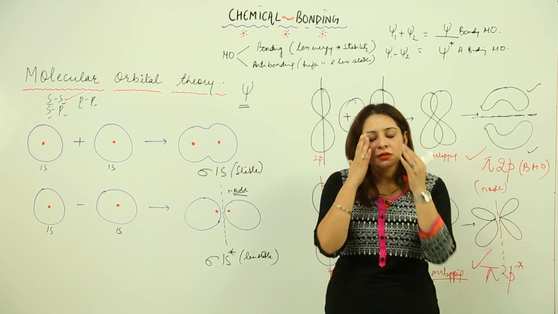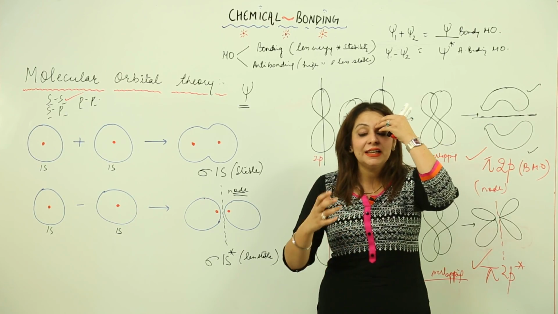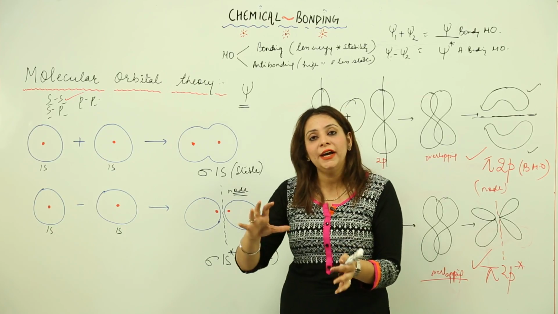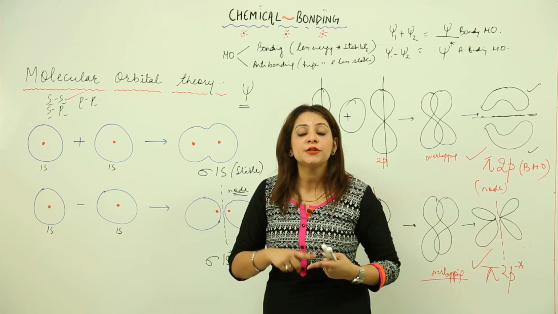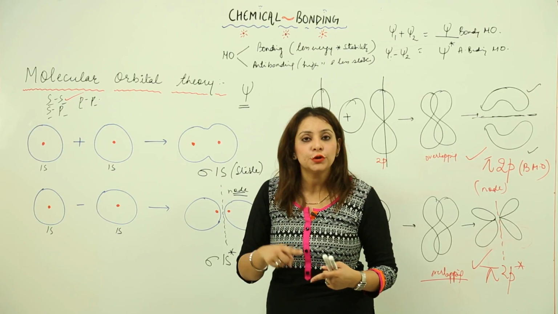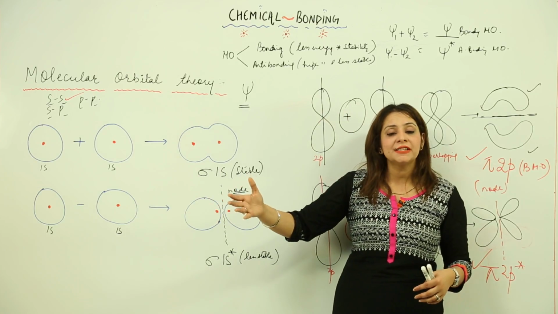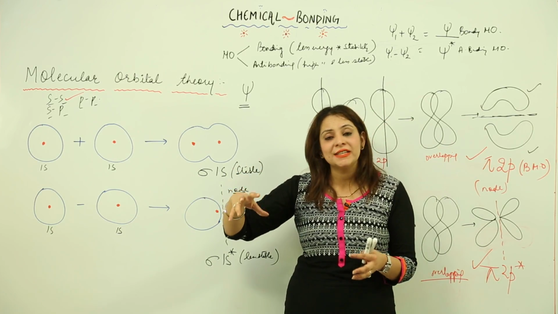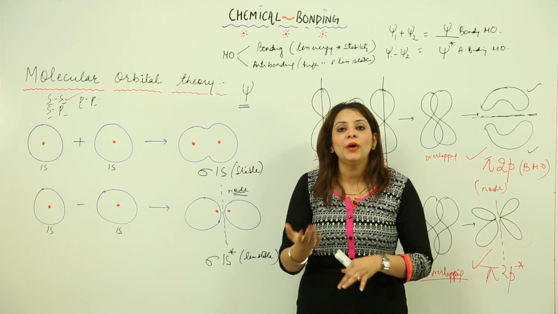Simply, don't get confused. In the case of atomic orbitals we were drawing the shape of the orbital, but here the molecule is formed, right? Molecule is formed as a result of combination of atomic orbitals. So now the electrons are not under the influence of an atomic orbital, they are actually in the molecular orbital. And in the molecular orbital there can be more than one nucleus.